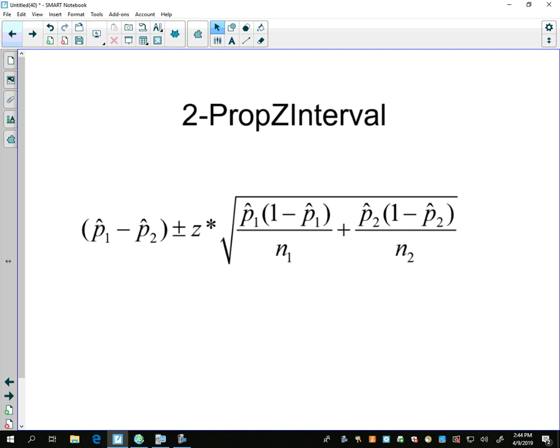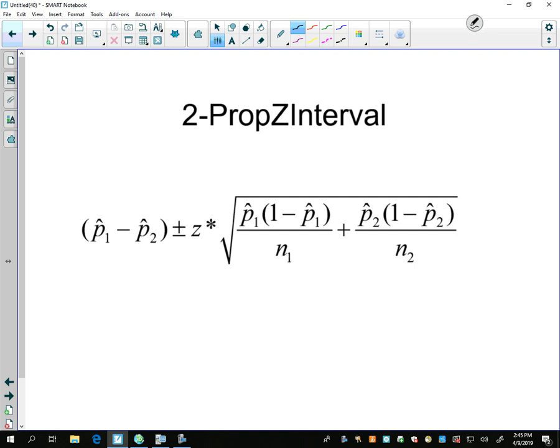The two prop z interval. Now you're comparing two population proportions, and you're trying to estimate where the true difference lies between the proportions. So again, we use the hats as opposed to the p naughts in this case because we don't know where the true difference lies.